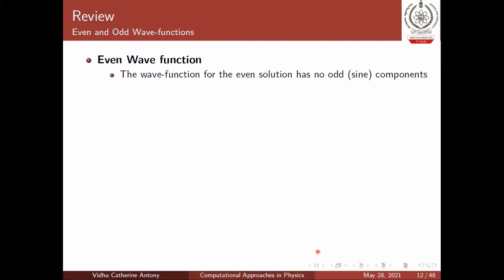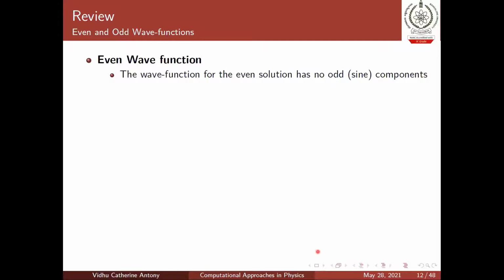You would have ended up plotting sine, tangents and cotangents, and then you would have drawn a circle and tried to see where you can get an intersection. And those intersections from your odd and even wave functions would be the eigenvalues.